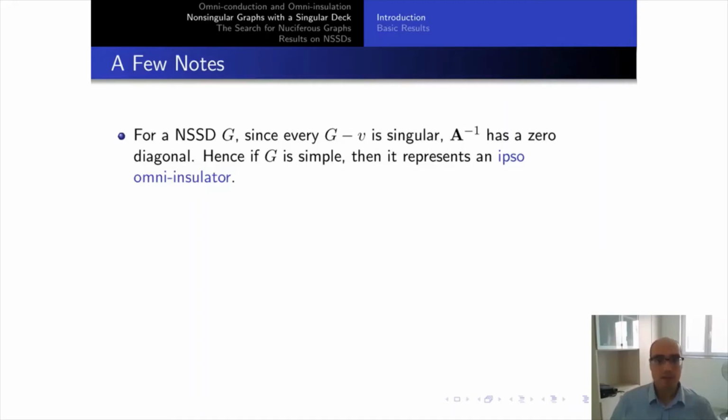Since we've just said that every vertex-deleted subgraph is singular, then the inverse of the matrix will have a zero diagonal. So if the graph is simple, any NSSD represents an ipso-omni insulator. Note that having an ipso-omni insulator is half of what we want, half of the nuciferous graph, if you will, because a nuciferous graph is also a distinct omniconductor.